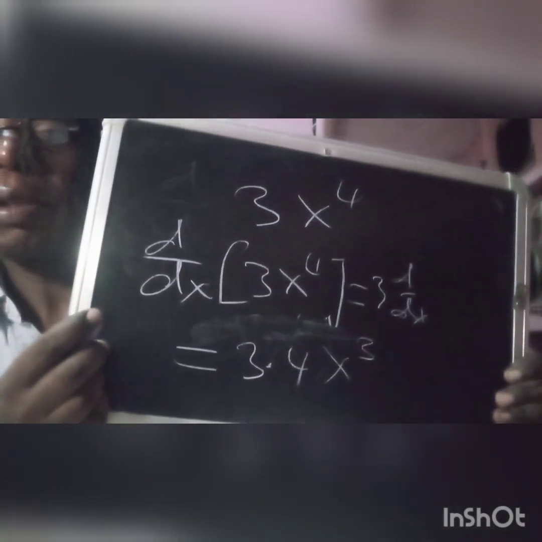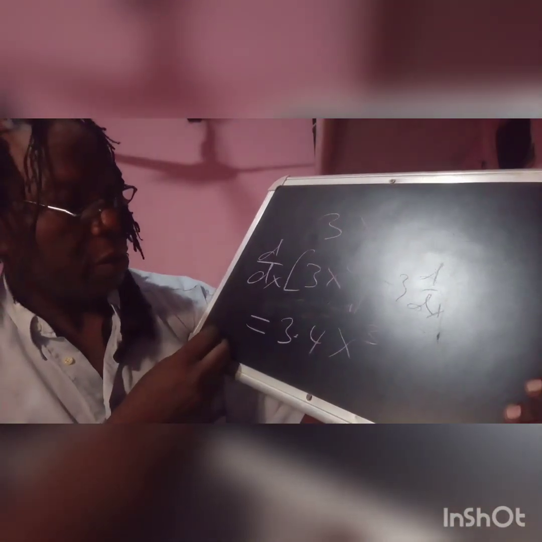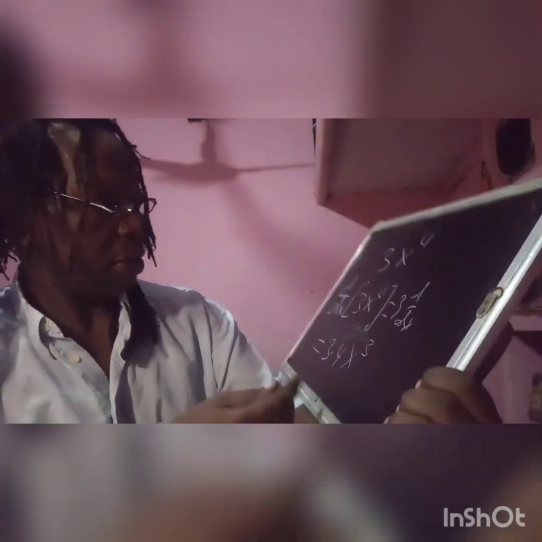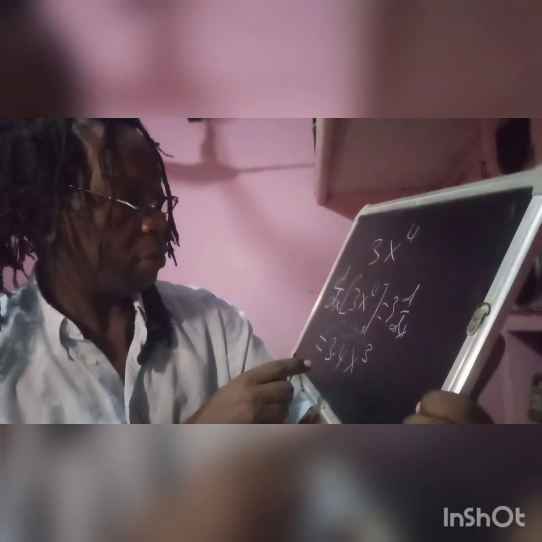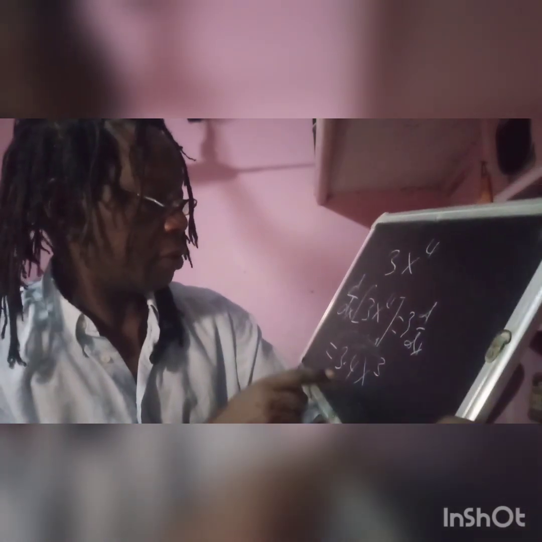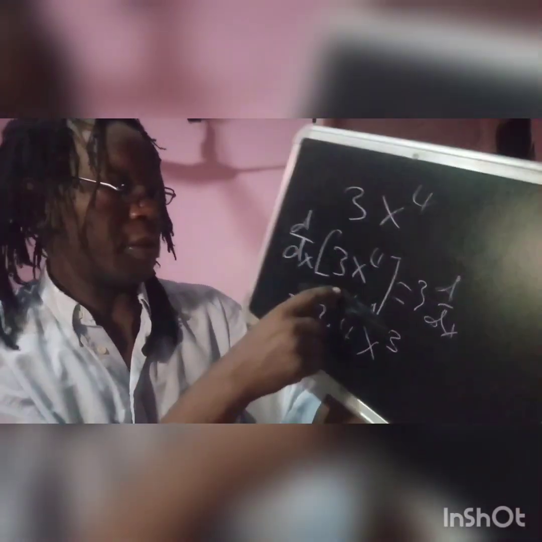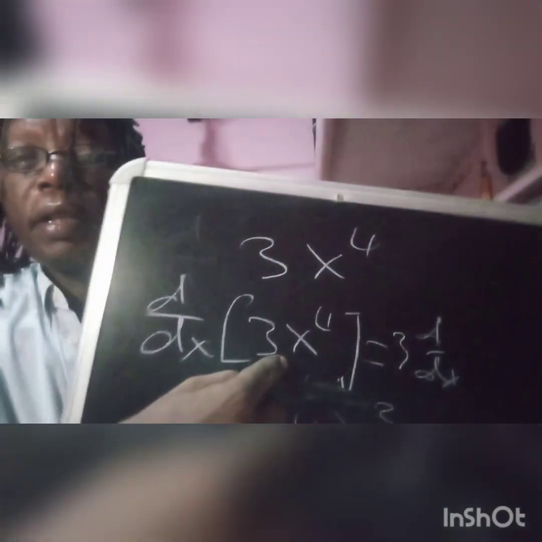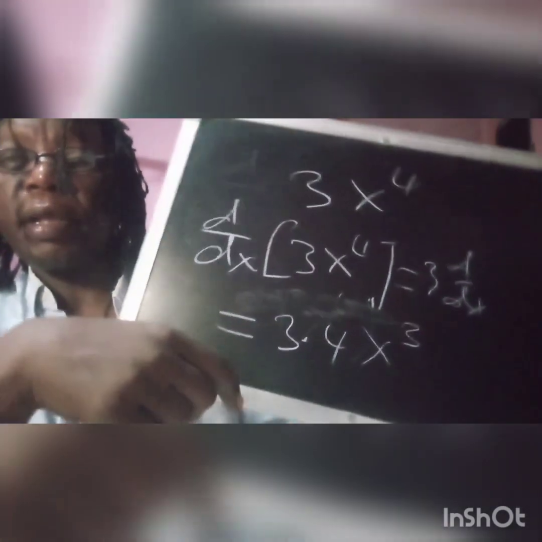Sorry, one minute. There was already 3 there, so you moved 4 in front. We were given 3 in the equation, so we have moved 4 down in front. So we're going to multiply 4 times 3, which will be 12.